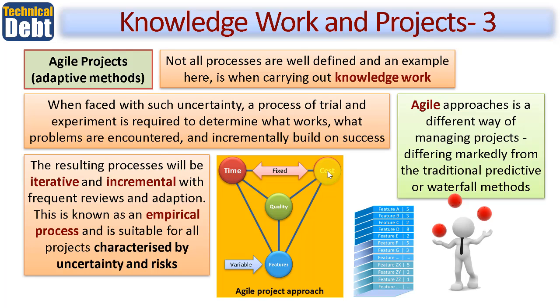And sprints have a fixed end date, and they're fixed costs simply because you'll have a fixed team working within each sprint. Now, that team may change for different sprints, but because we've got the same team, and since human resources typically make up 90% of the cost, then the cost can be controlled to a very tight margin. What's variable, however, in order to meet that deadline, are the features themselves.